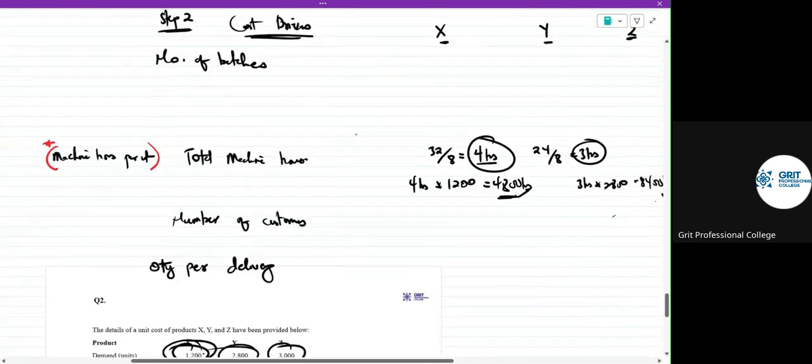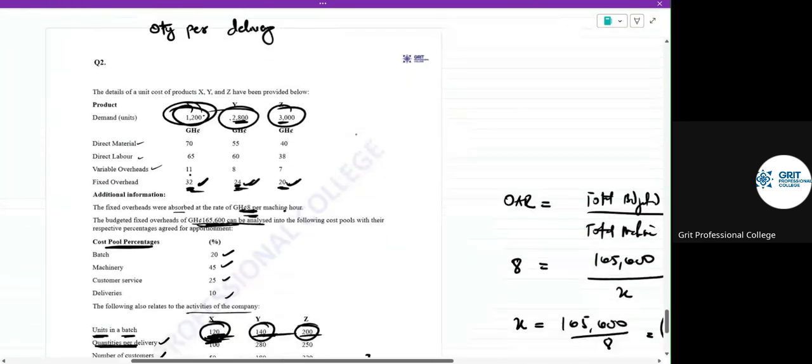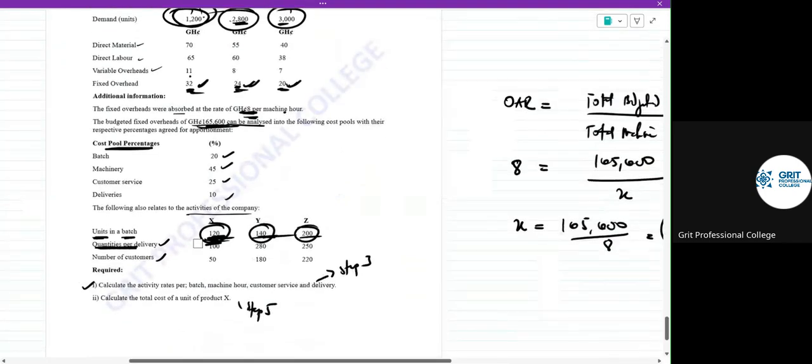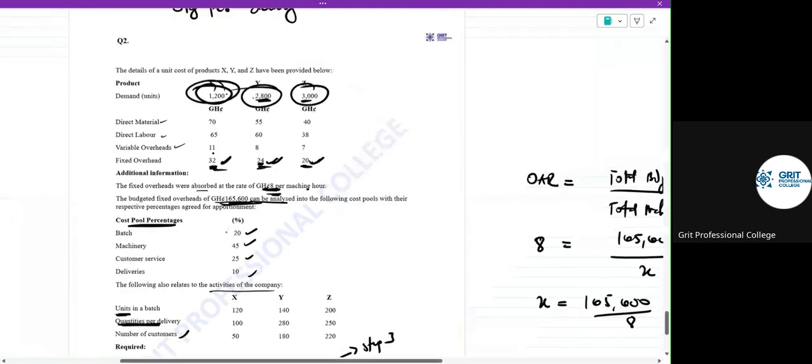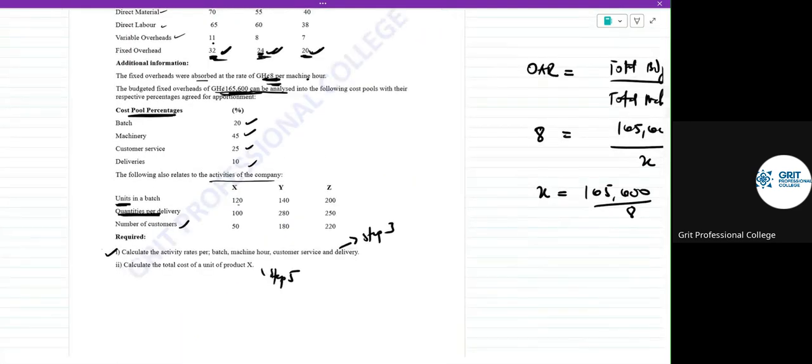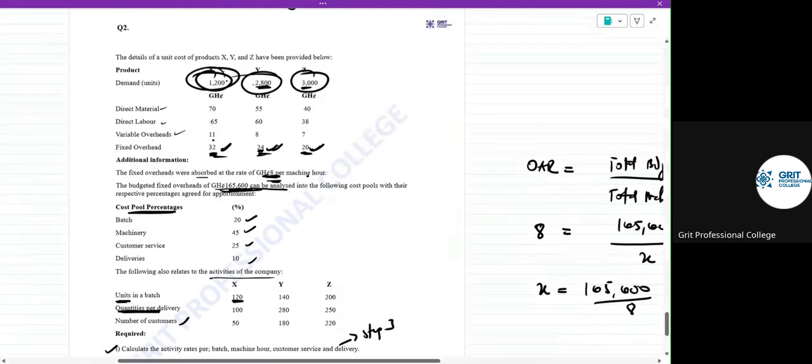So the number of batches will tell us how many batches we need to produce to cover all the products. Do you get it? So we'll change this. All right. So if every batch you produce, you have 120 products inside, and you are producing 1,200 products.